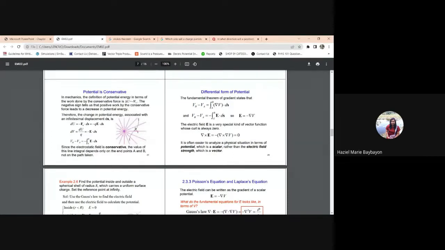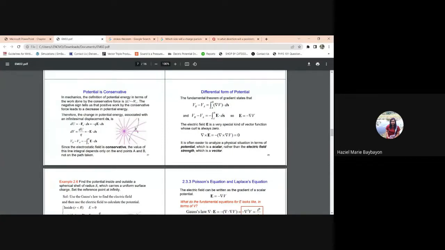Okay, so the potential difference between two points A and B is equal to the negative integral of E dot ds, or we can also write it as E dot dl. Now since the electrostatic field is conservative, the value of this line integral depends only on the endpoints A and B and not on the path taken.